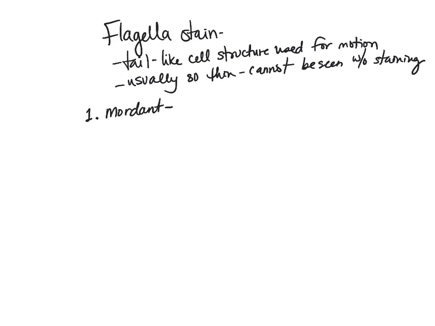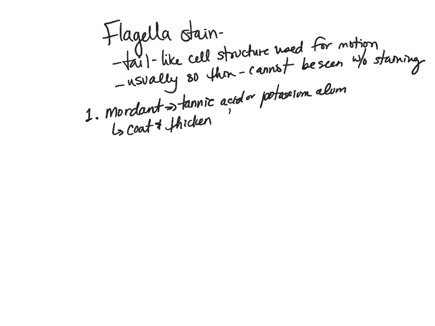In this case, the mordant is typically tannic acid or potassium alum. It's going to coat the flagellum or flagella, and then it's going to thicken that because, again, it's very, very thin. So we do that first.